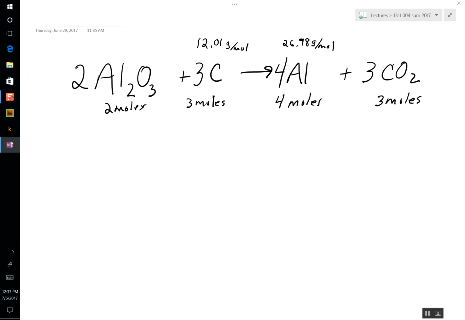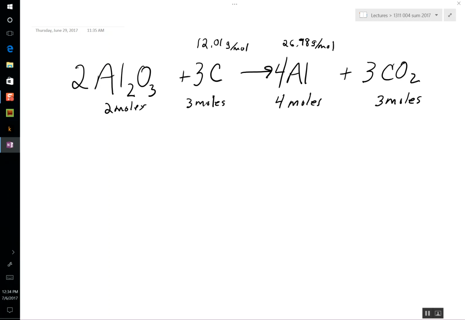Mass of aluminum oxide. 2 aluminums and 3 oxygens. No, don't worry about the coefficient. Remember, molar mass is grams per 1 mole.